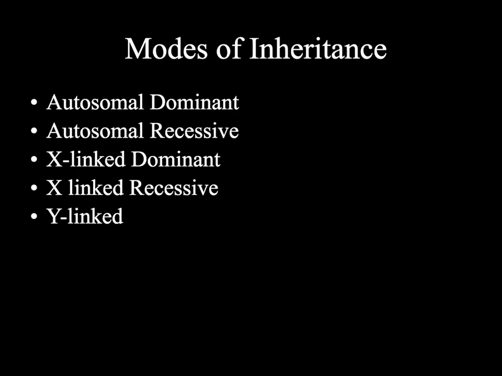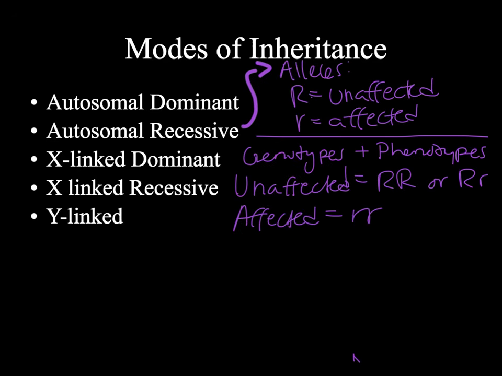Now, an autosomal recessive trait is a trait that's carried on a recessive allele of an autosomal chromosome. That means that someone who is affected by an autosomal recessive disorder must have the homozygous recessive genotype. Now, when you're looking at a pedigree for an autosomal recessive mode of inheritance, what you'll notice is that 2 affected parents must have all affected children.